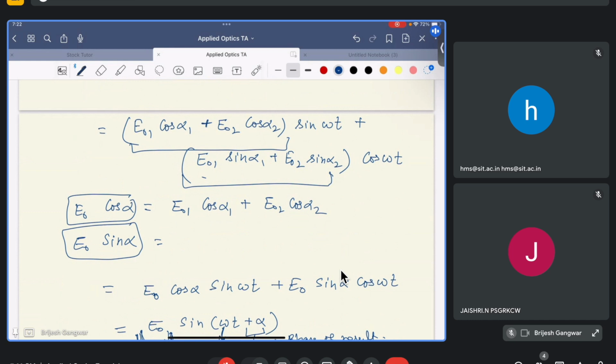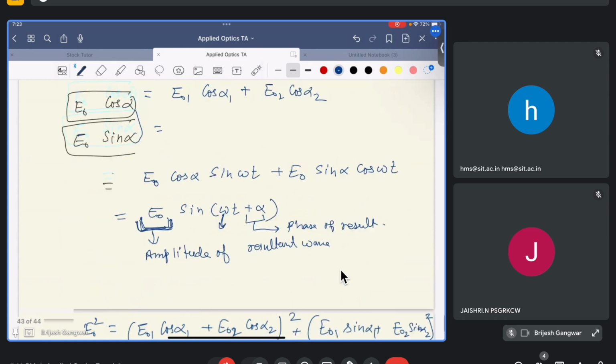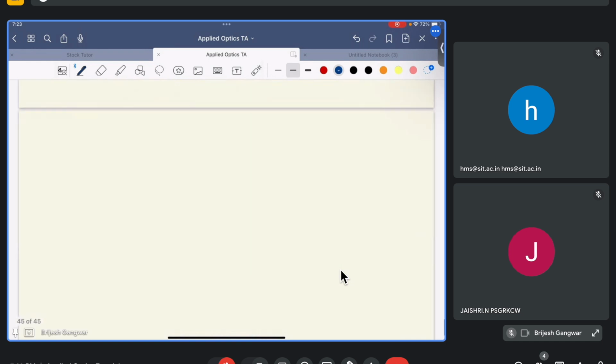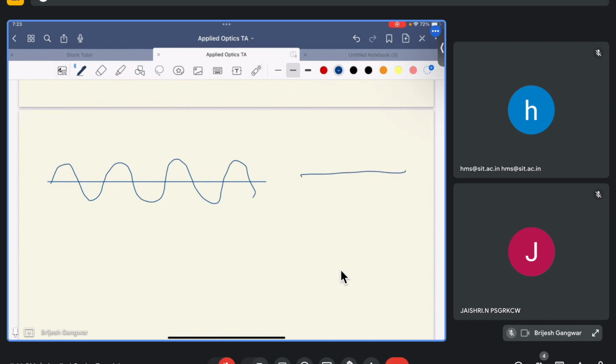The addition of waves of different frequency. Do you want me to derive that also? In that one there will be beats. Geometrically, this is one wave, and this is another wave.